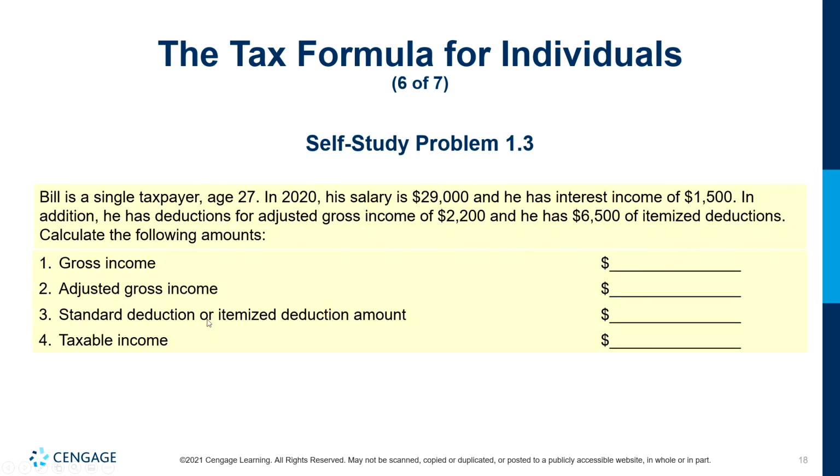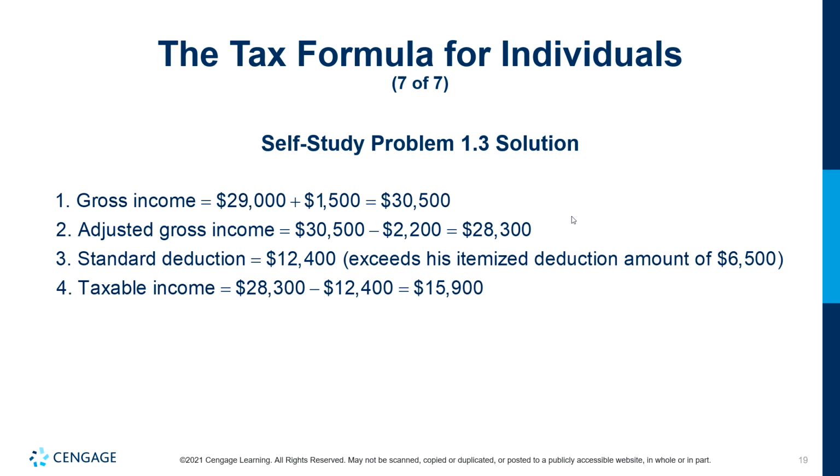And here we get to choose the greater. They say we only itemize $6,500, so the greater of the two is, of course, the standard. So to figure out his taxable income, we take AGI minus that standard deduction, which gives us a total taxable income of $15,900. Okay, and that's it.